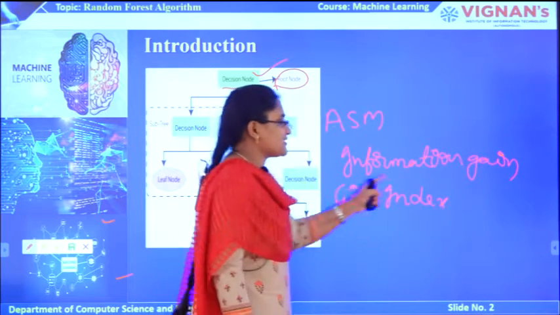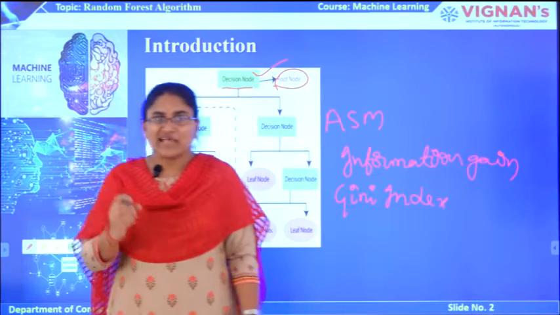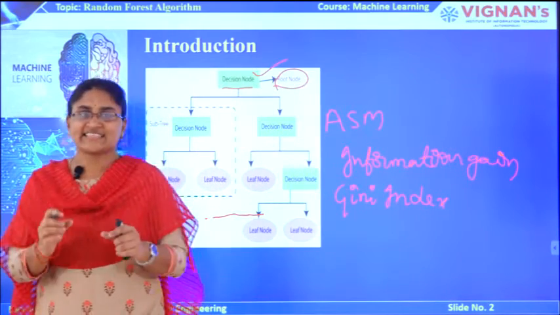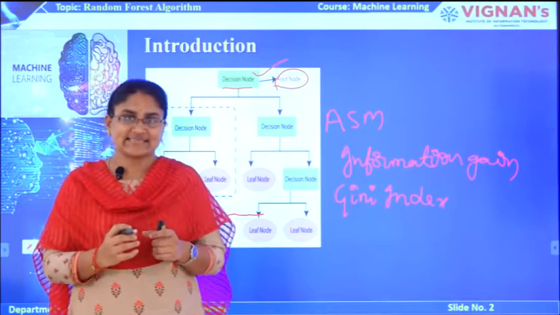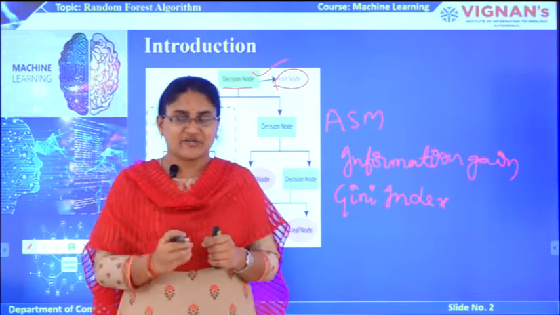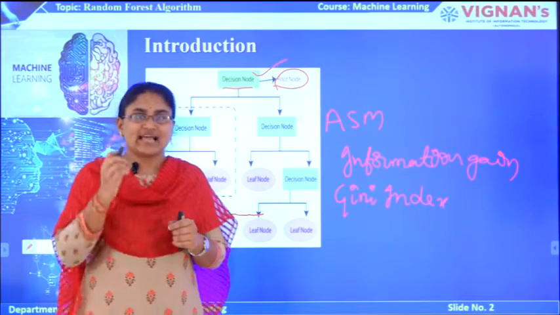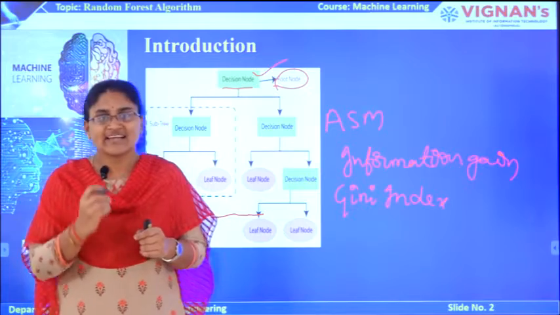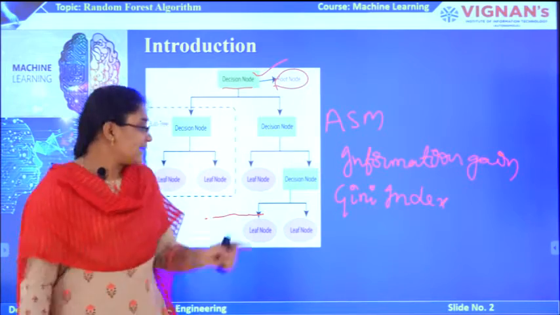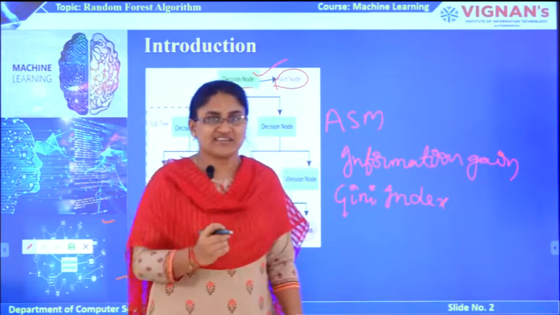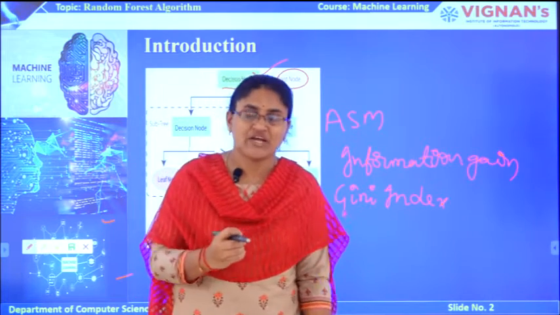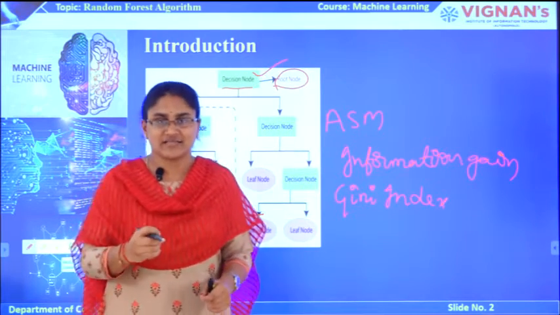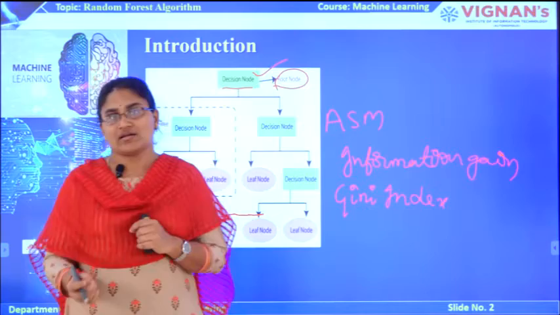Information gain gives the measurement of the changes of the entropy after the segmentation of the data set based on the attribute, and the entropy gives the randomness in the data. The Gini index gives the purity or the impurity of the attribute which is used in the decision tree created in the algorithm.